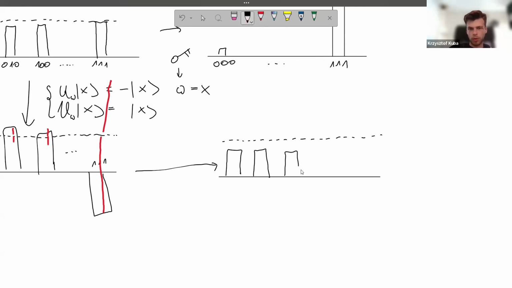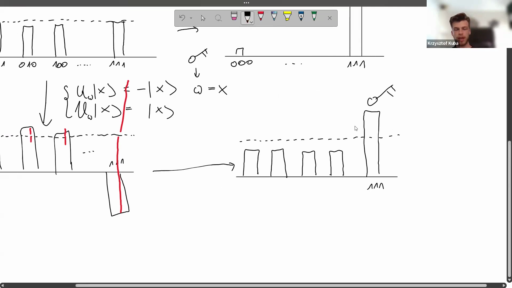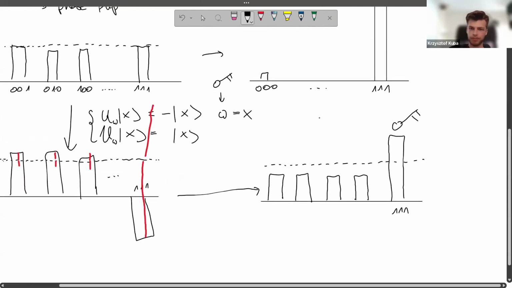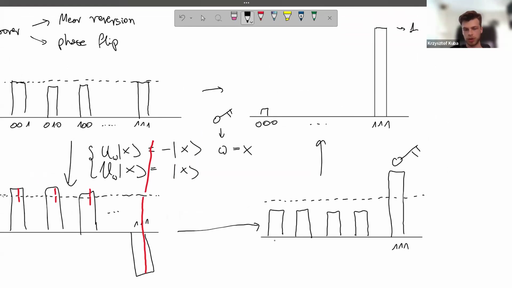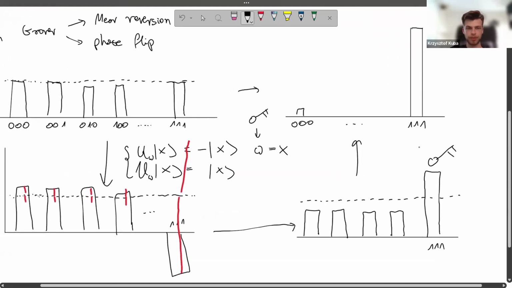So now the bars are lower for the values that are not our key, and higher for the value that is actually our key we are looking for. And this is great because we are searching for the key. And by repeating this algorithm a few times, we are able to diminish the values of unwanted states and increase the amplitude of our key, our searched value.